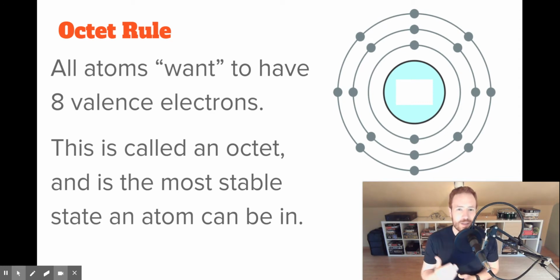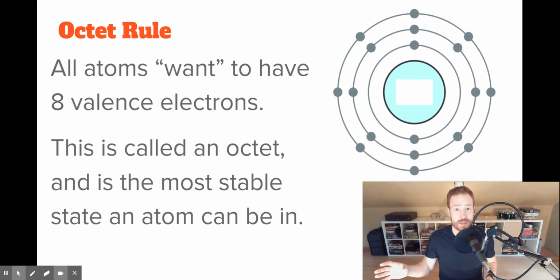Well, let's take it a step further. Not only can every atom only have eight electrons, but every atom wants eight electrons. Every atom, if it has a chance, will do what it can in order to have eight electrons in its outermost valence shell. But if you look at the periodic table, only one group has eight valence electrons without trying.